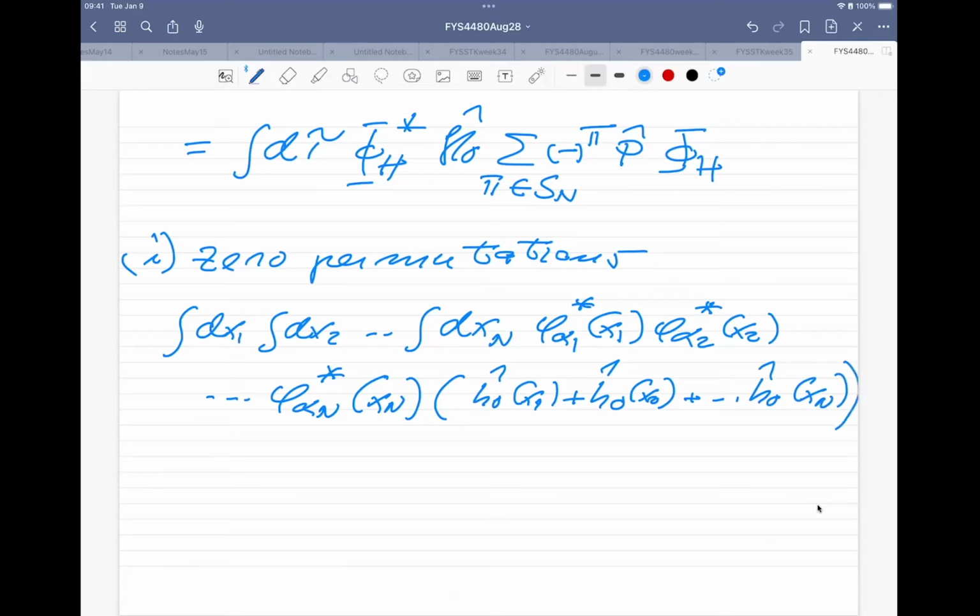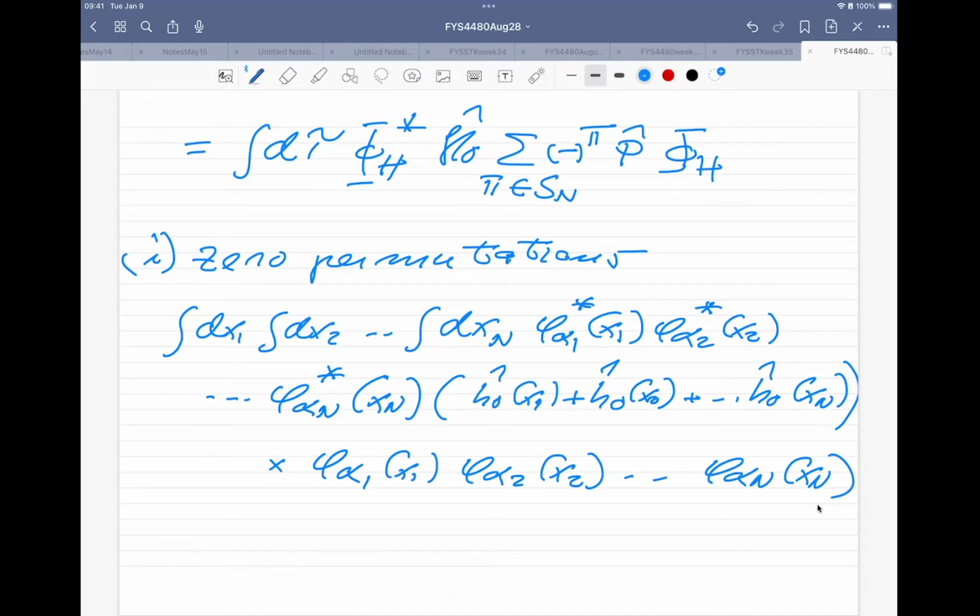And this is multiplied with 0 permutations. That means it has to be multiplied with phi alpha 1 of x1, phi alpha 2 of x2, etc., all the way up to phi alpha n of xn. So this was the case with 0 permutations.